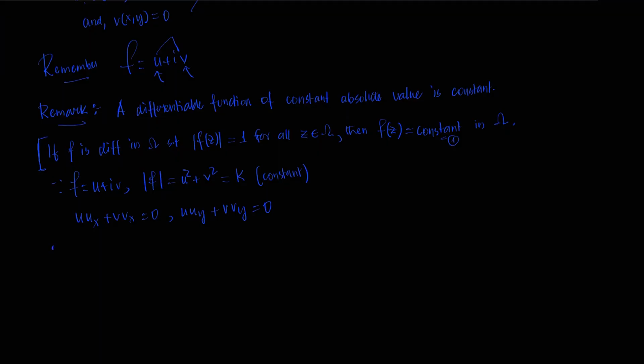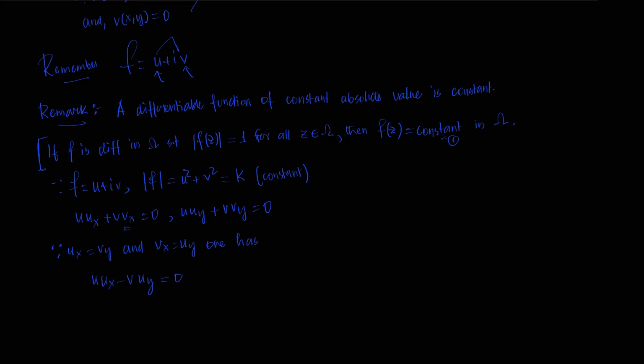So since u_x equals v_y and v_x equals minus u_y, one has u u_x, and this v_x I am going to replace by minus u_y, minus v u_y equals 0.